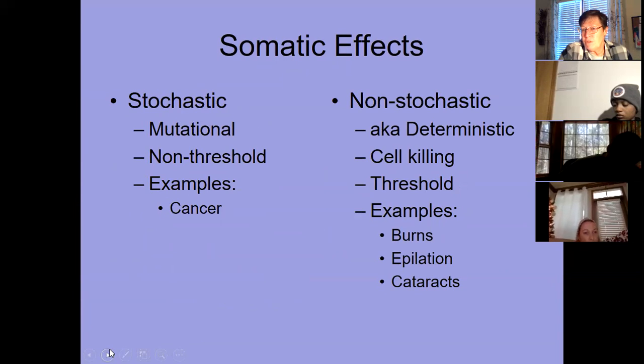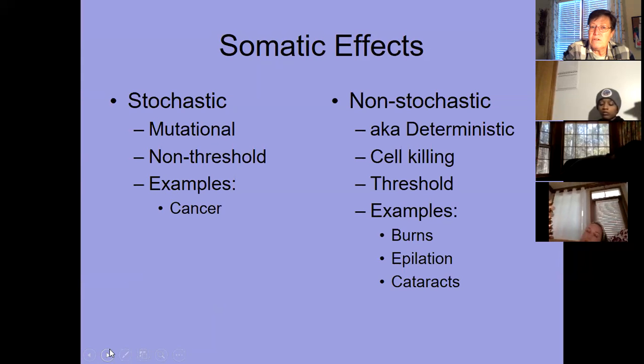Also, to review some terms that you've heard many times, so you should be familiar with these. Somatic effects can be described as stochastic or non-stochastic. So stochastic effects are based on mutations. The primary stochastic effect is cancer induction.